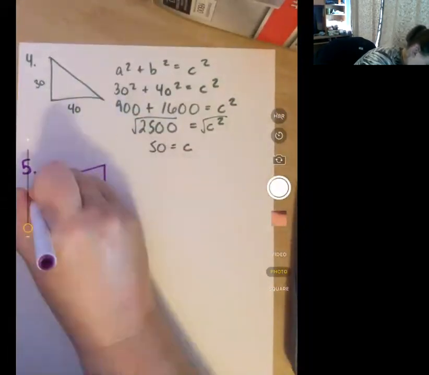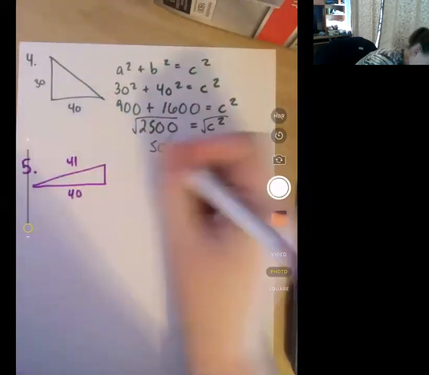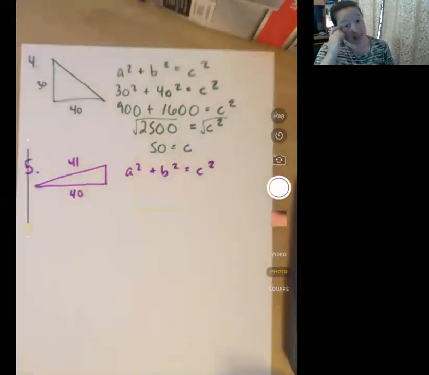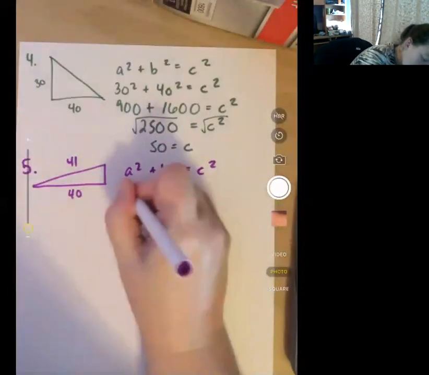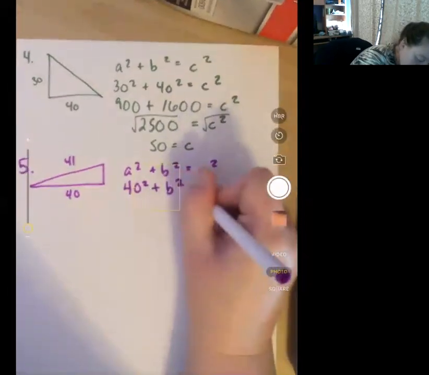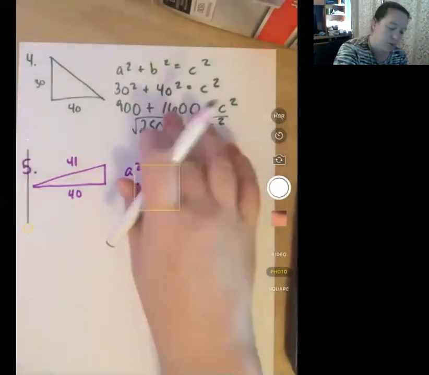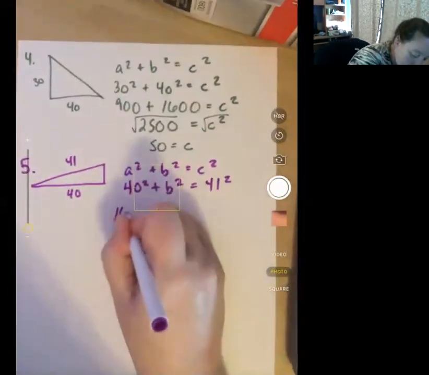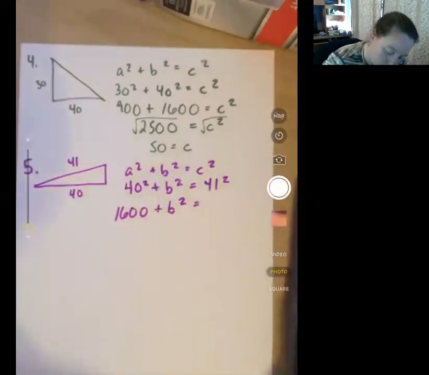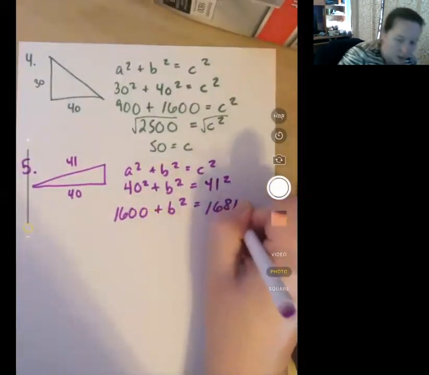Other one, number 5. Little skinny triangle has a 41 here and a 40 here. Again, a squared plus b squared is equal to c squared. In this case, the a squared is the 40. I do not know the b, so I'm leaving it there. And the c squared is the 41 squared. So once again, 40 squared, which we'd already done, 1,600, plus b squared, which we don't know, is equal to 41 squared, which is 1,681.